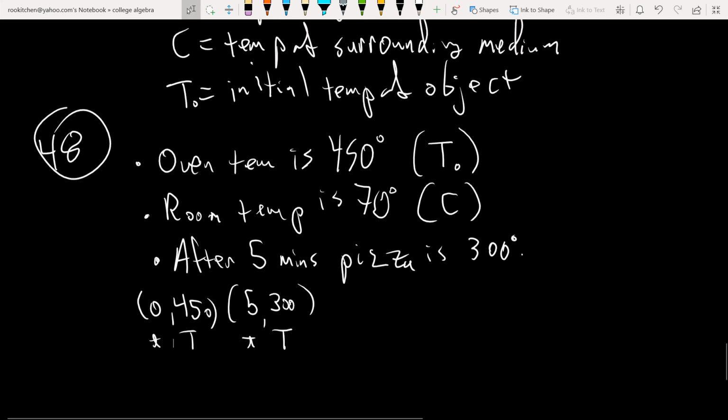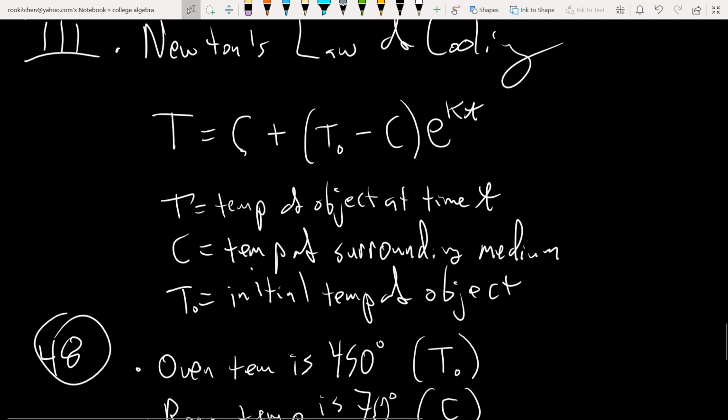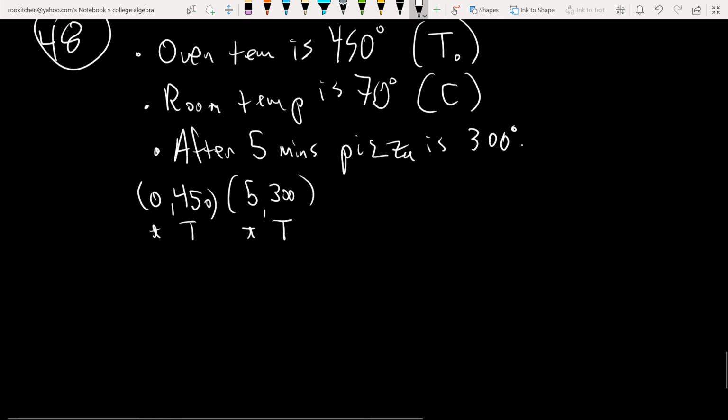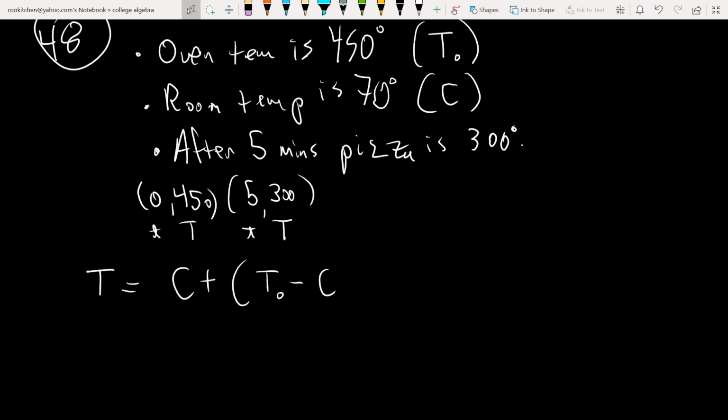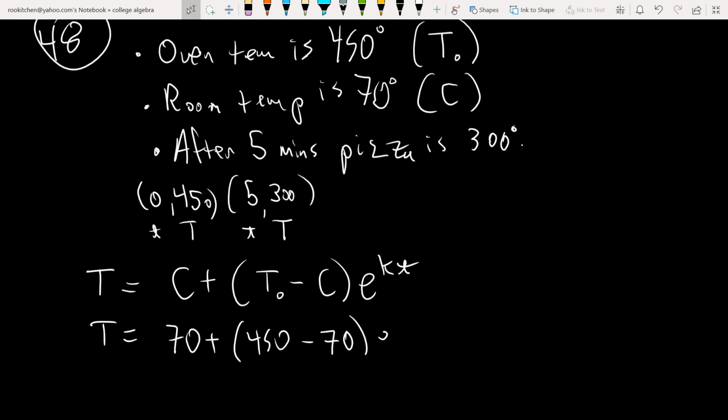Okay, so let's try to get our formula filled in. Again, the formula is T equals C plus T sub 0 minus C times e to the kt. We're trying to fill in all the variables. So C is 70, plus T sub 0 is 450 minus C is 70, and then e to the kt.